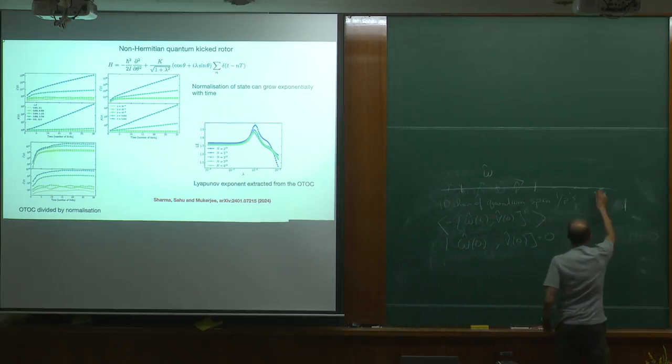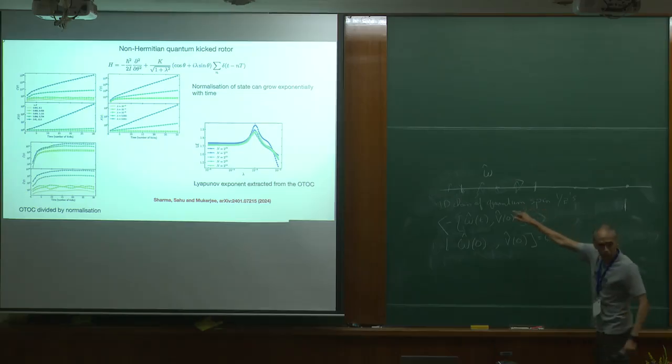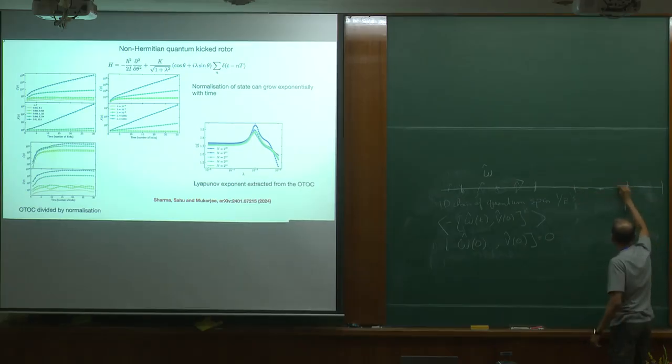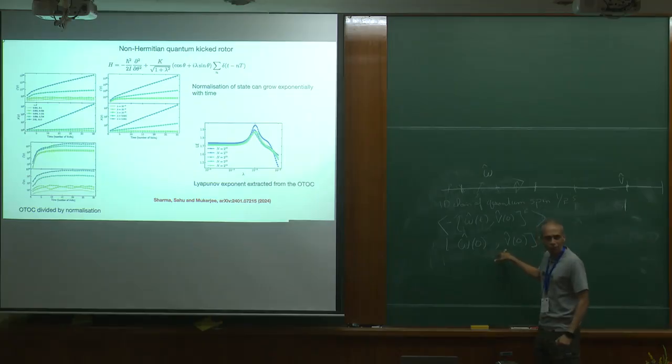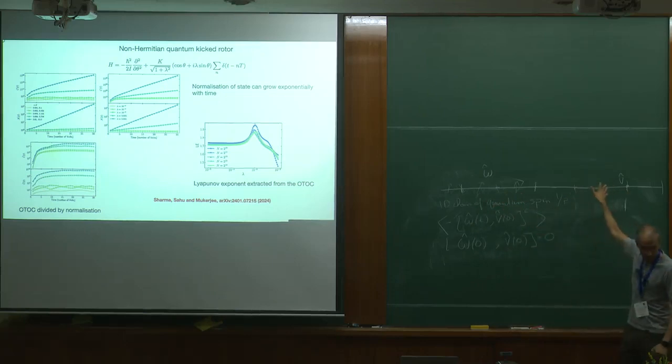And similarly, v hat could be another such operator which is centered at this spin and is made up of spin operators within this region of the spin chain. Because these two regions are disjoint, with no overlap between them, the commutator of w hat and v hat is going to be equal to 0, because all the spin operators in this region commute with all the spin operators in that region.